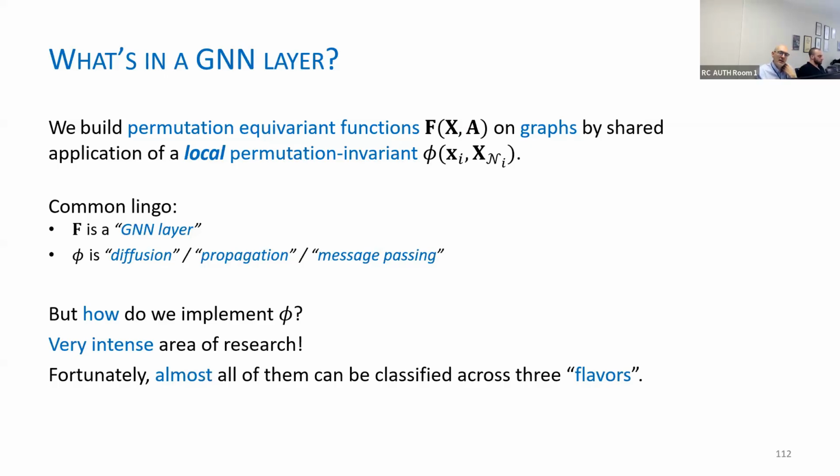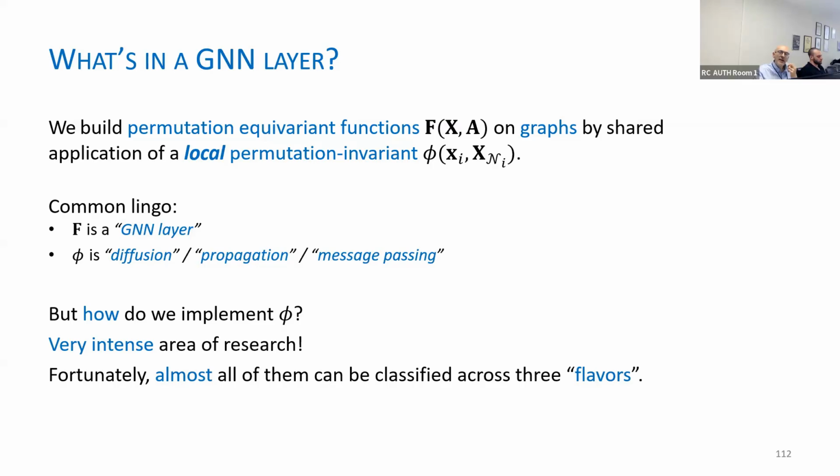So putting all the phi together is this graph neural network layer, while the phi function is what is called the diffusion, propagation, or message passing on the graph. And so here the main part of the research is focusing on different ways we can implement this phi function. So this is actually the area of the research.